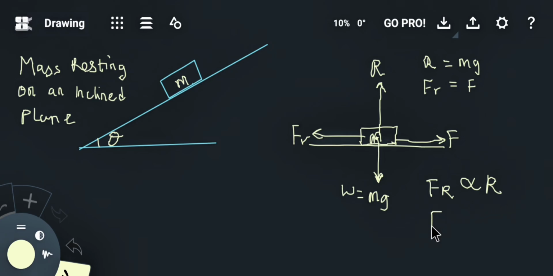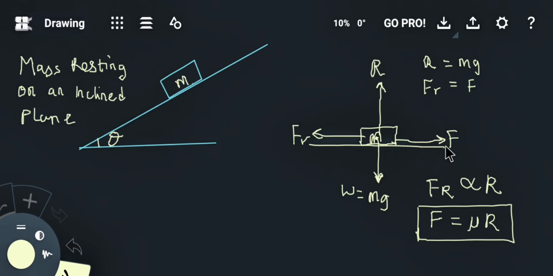When we expand on that, we discover that the constant of proportionality is known as the coefficient of friction, which is dependent on the material and the surface that is involved. So this is the determinant factor that tells us who is who in the situation. So this becomes our first equation for this process.